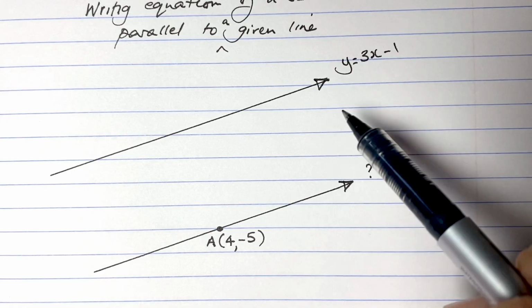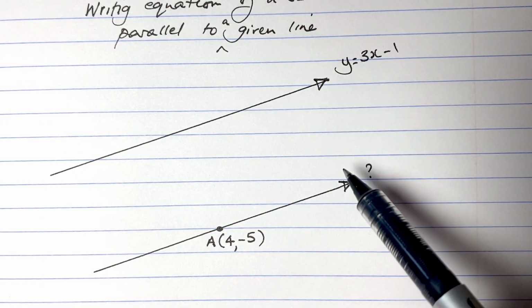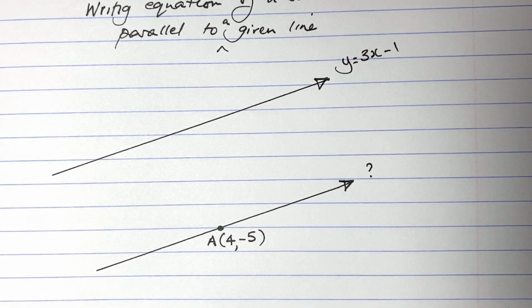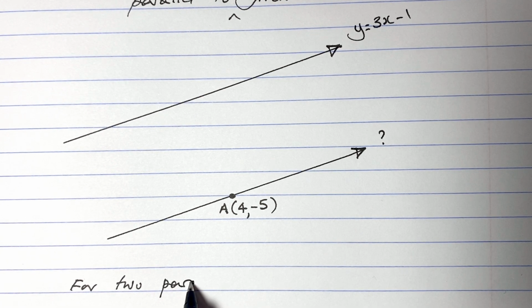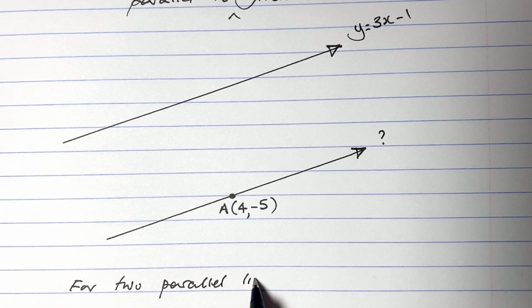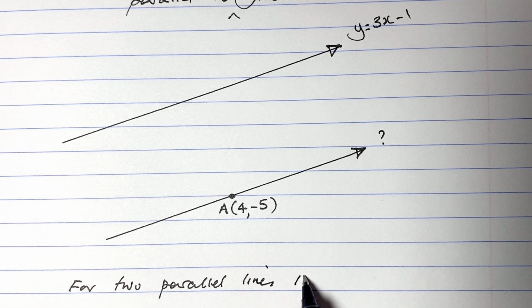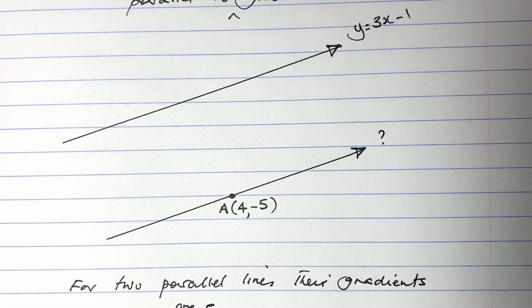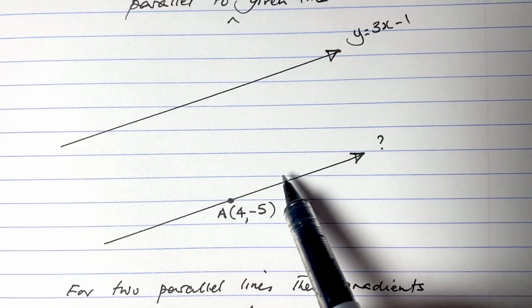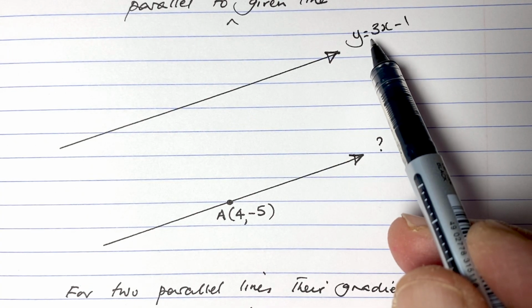Now, if two lines are parallel, their gradient would be the same. So this is what you need to know: for two parallel lines, their gradients are equal. So in order to spot the m of this, I look at the m of that one.